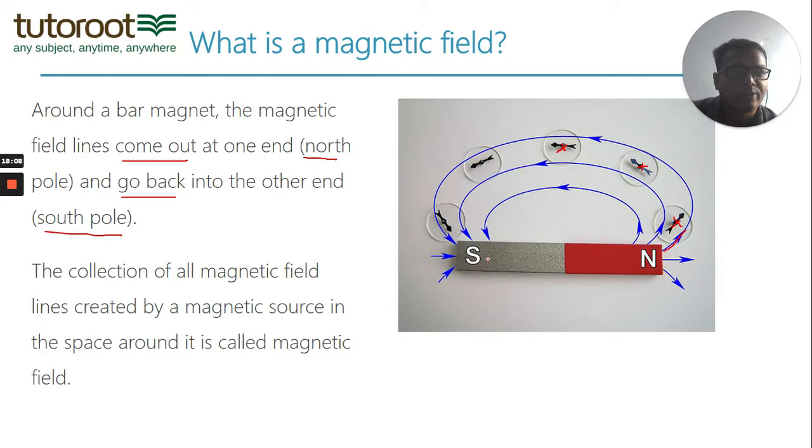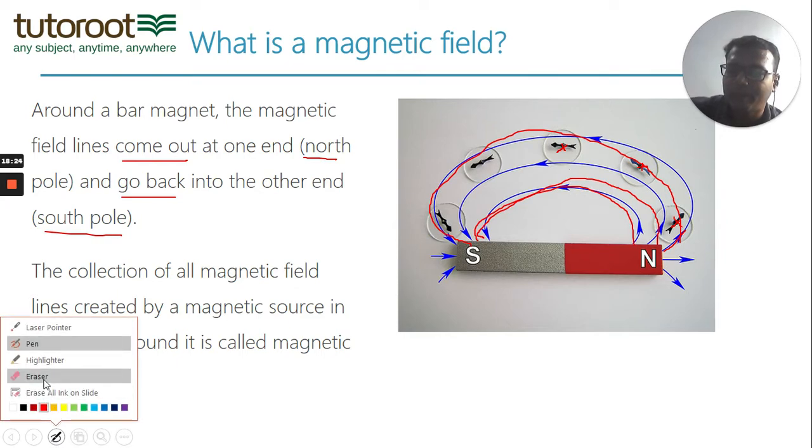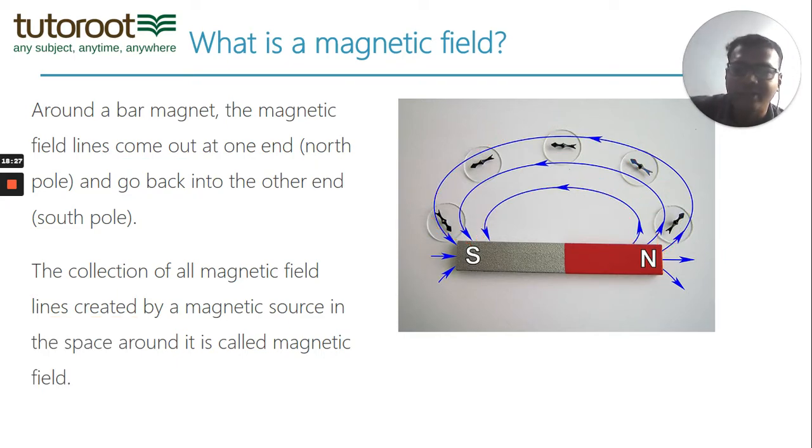Now before going into this, let me just tell you that the collection of all magnetic field lines around the source, when you draw all these lines together, is called the magnetic field. But you may ask how many lines should we draw? Here they have drawn 3 lines.